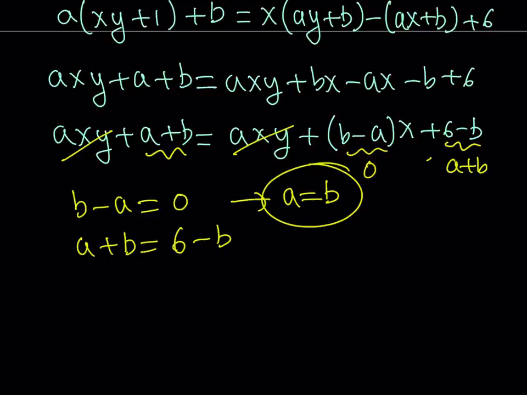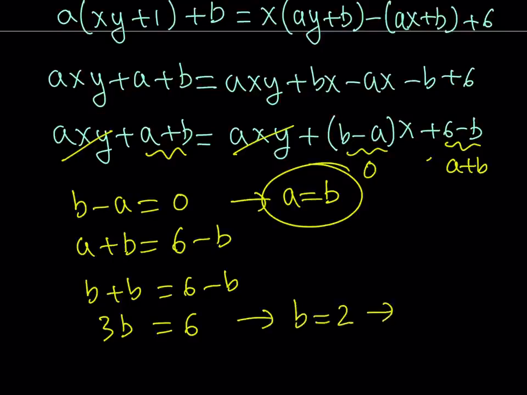So let's replace a with b. So we get b plus b equals 6 minus b. That means b plus b is 2b, and then add the other b, you get 3b. Okay, 3b equals 6 implies b equals 2, and a equals b implies a equals 2. So a and b are both equal to 2.